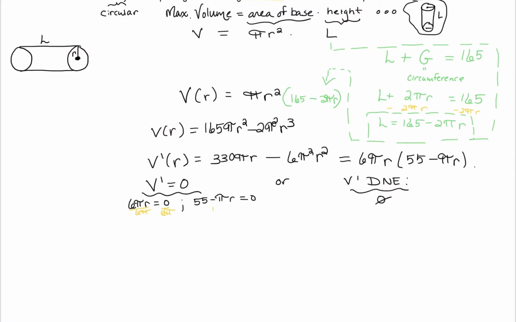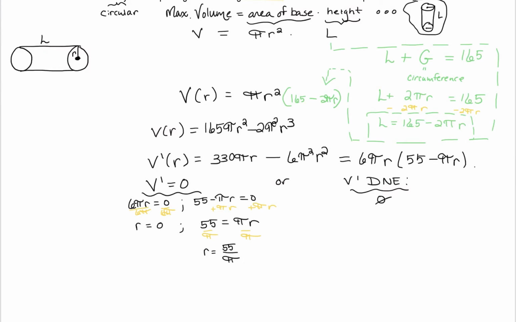In my second equation here, I'd probably add the pi r over to the other side. So my first solution, my first critical point is 0. And then in my second equation here, I'm going to have pi times r is equal to 55. So dividing both sides by pi, looks like my second critical point here is this 55 over pi.